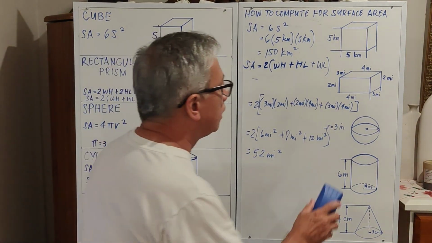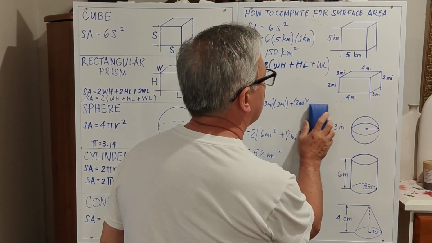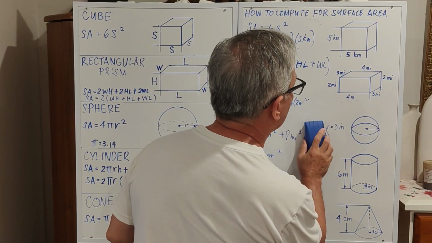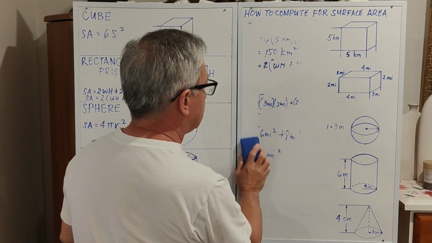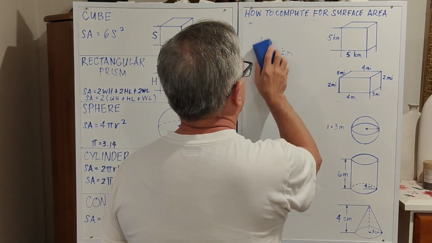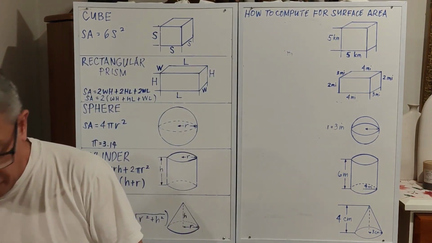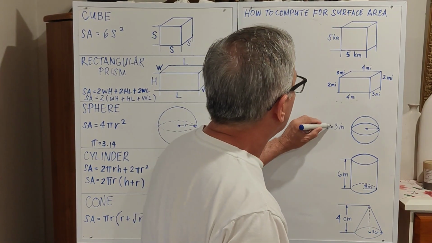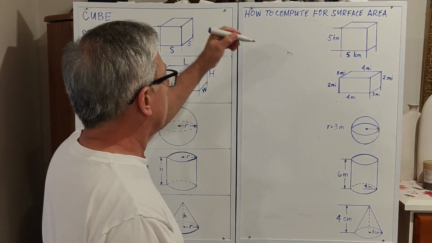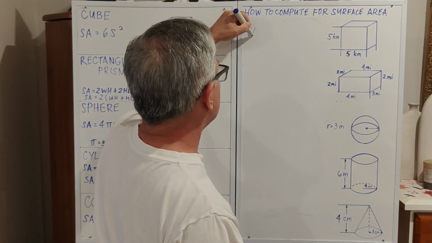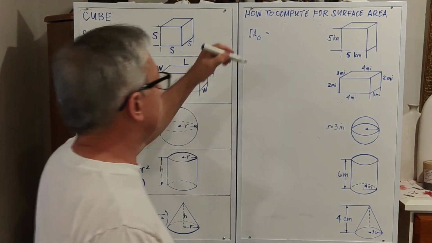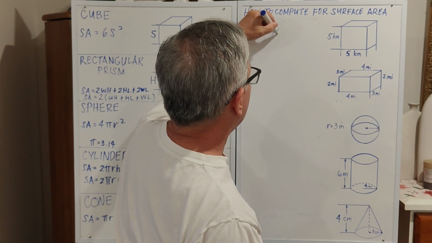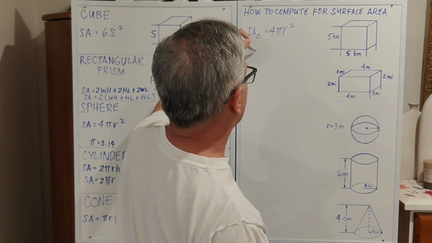We now go to the sphere. The radius of the sphere is 3 inches. So the formula for the sphere is 4 pi r squared.